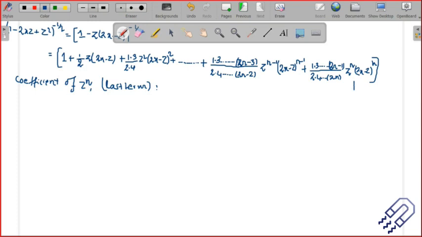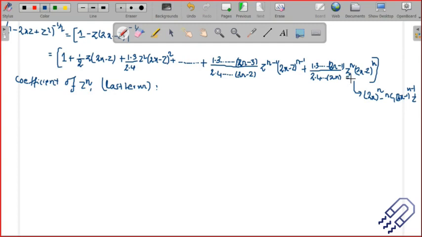If you expand this expression, you will get a term as 2x whole thing to the power n, and then you can write this as n C1, permutation combination, if you remember, this would be 2x minus 1 to the power n minus 1 into z to the power 1, and so on. It will keep on continuing.